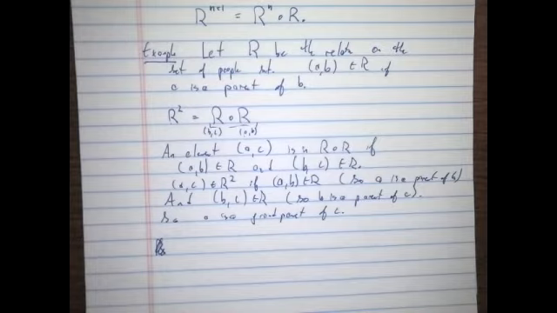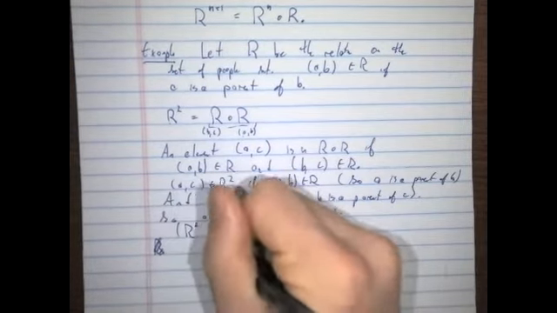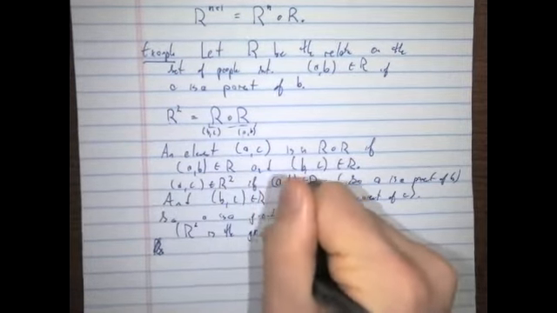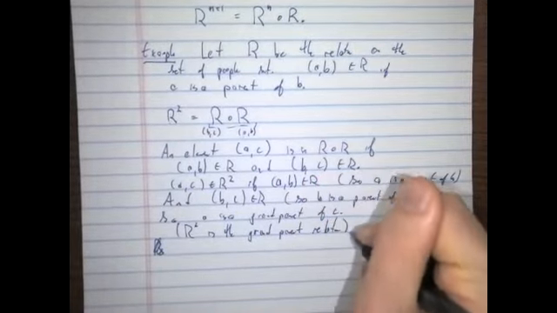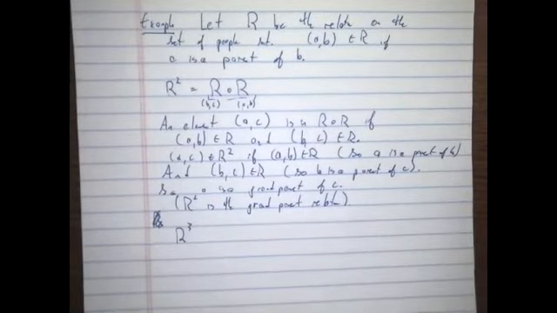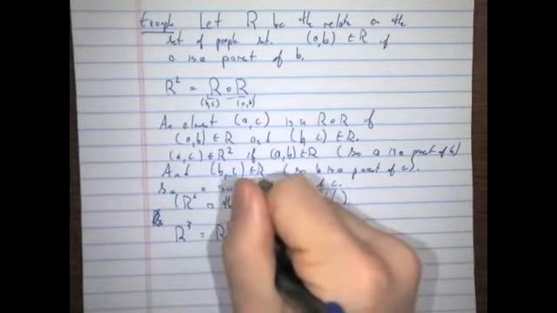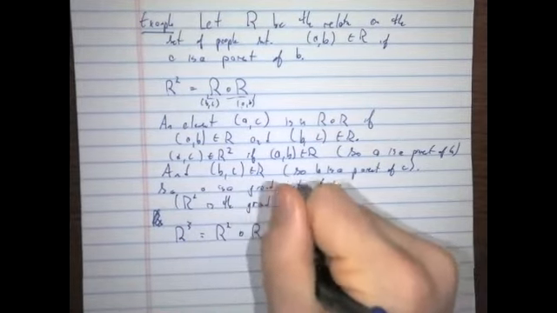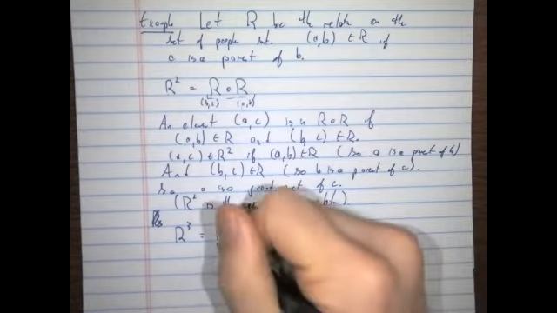Okay, let's examine the next one. So here I'll say R squared is the grandparent relation. So now let's examine R cubed, which by definition is equal to R squared composed with R. What does it mean to find an element inside a composition?